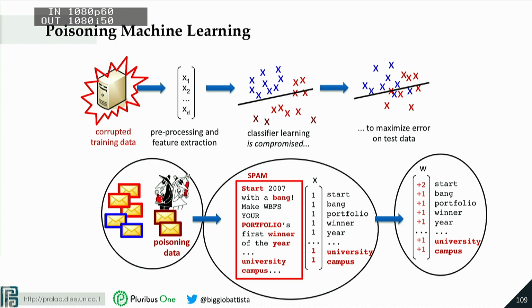Okay, so the goal here is to find some training samples that maximize the error of the classifier on the clean data. And this would cause a denial of service for legitimate users. So that's the main goal of poisoning attacks. The attacker can change some training data in order to maximize the error that you have on clean data.